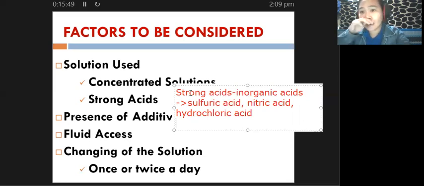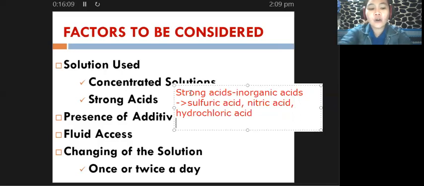For example, when your hydrochloric acid dissociates, it will dissociate into hydrogen and chloride ions. They dissociate completely into their elemental forms.